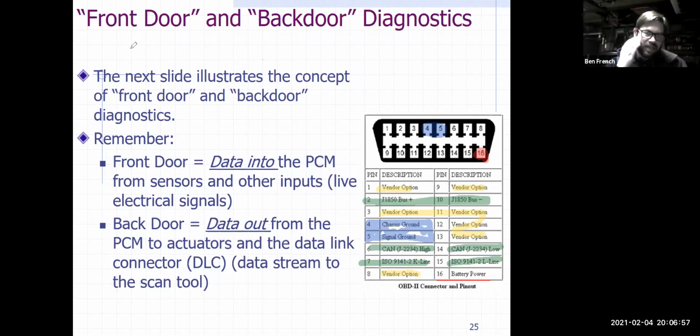And so the different communication protocols actually speak on different pins of the DLC. So my pickup truck is an old GM, so it's a J1850 car, and it's going to be speaking its language on pins 2 and 10. But if I had a more modern car, if I had a CAN car, oh, well, that's going to be speaking its language on 6 and 14.